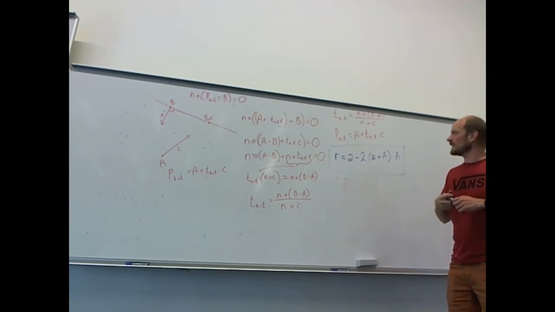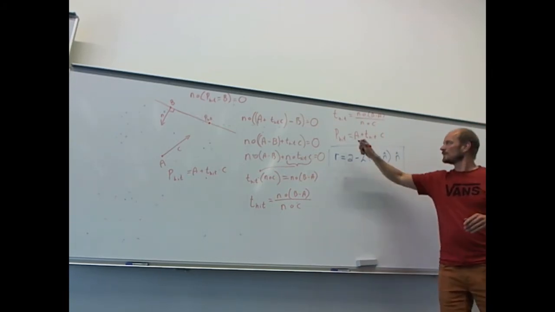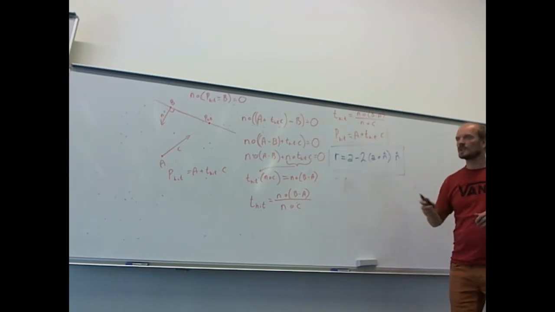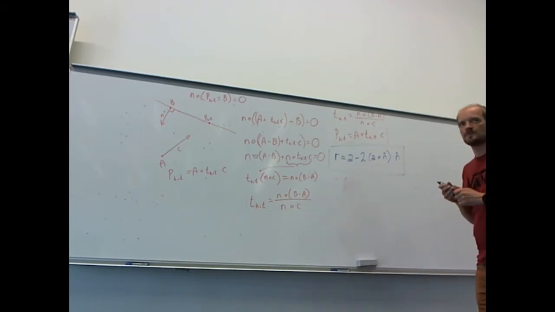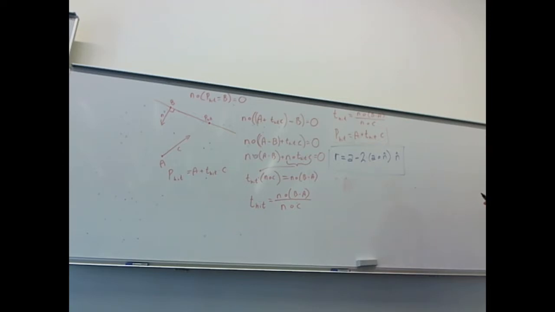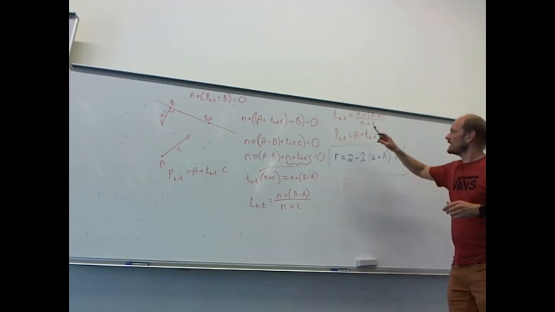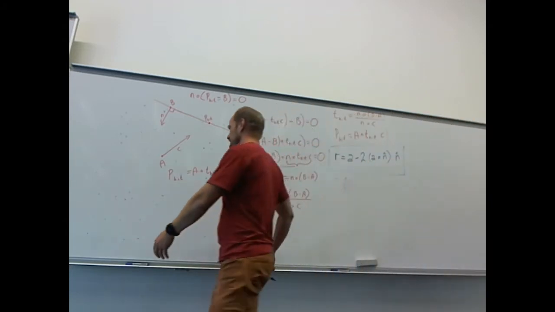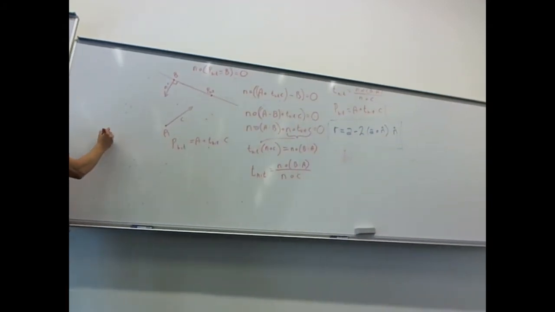If this is in a computer game, in which cases would I actually calculate this? I first have to look at T hit and decide, is it worth continuing? Let's say my units are seconds, and I have an object that has its current position here in A, and C is the amount it will move in a second.